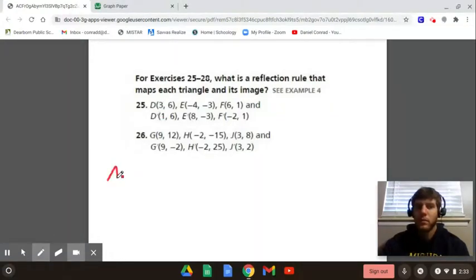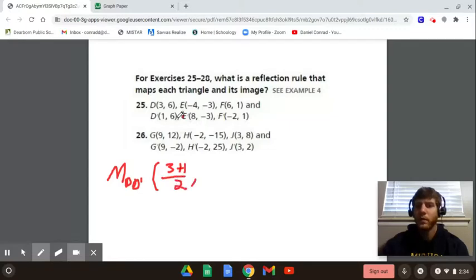Our midpoint formula was x1 plus x2 over 2 and y1 plus y2 over 2, right? We were finding the average of the 2 x values and the average of the 2 y values. So our 2 x values here are 3 and 1, so 3 plus 1 divided by 2.